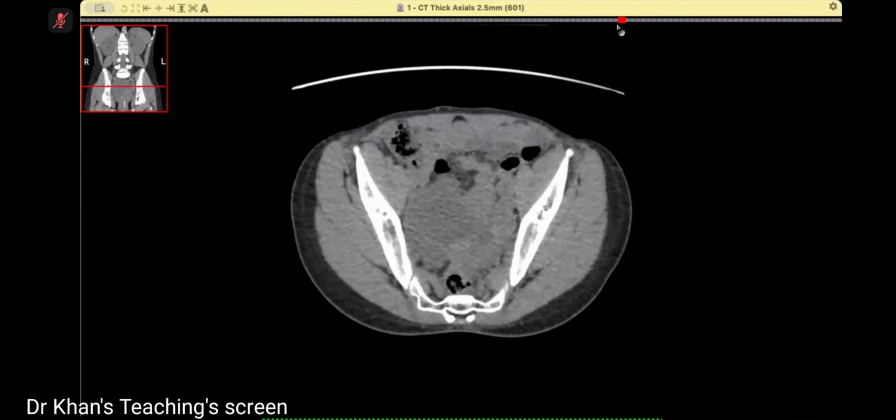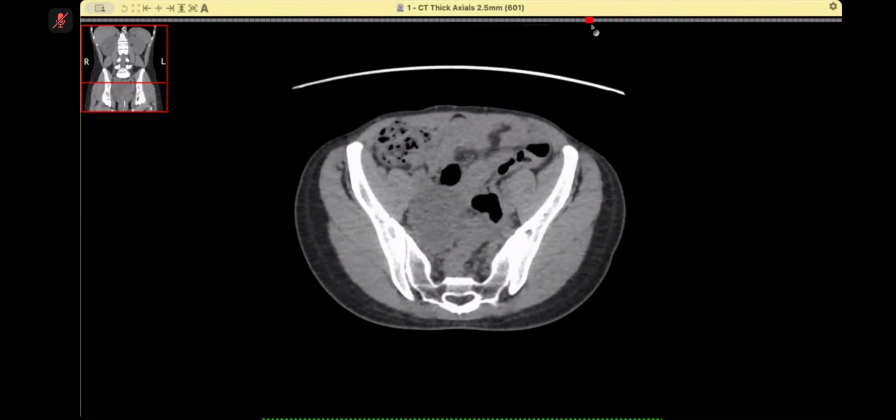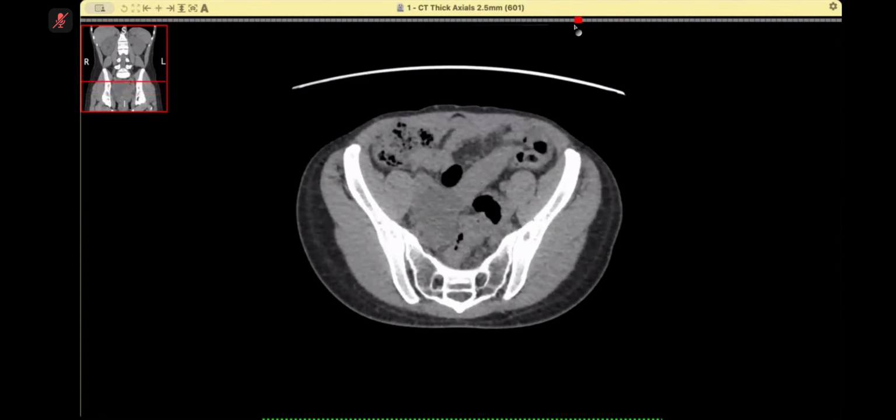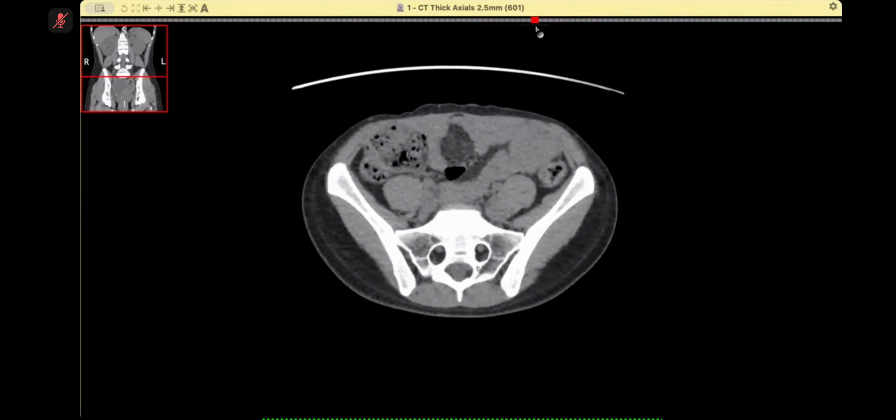This is likely a right hypodense lesion, likely ovarian in origin, right ovarian in origin, which is causing compression on the right ureter and causing right side hydronephrosis.